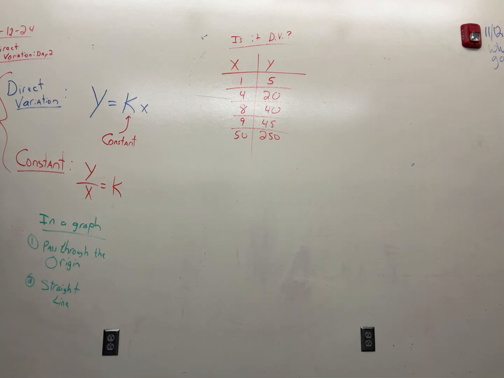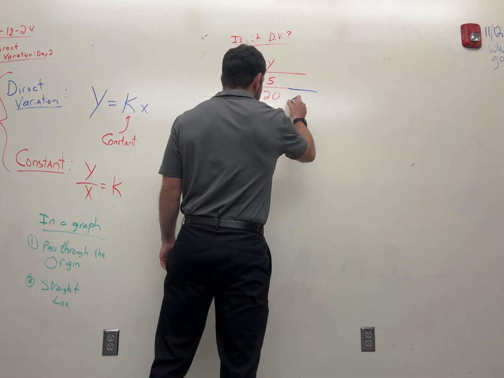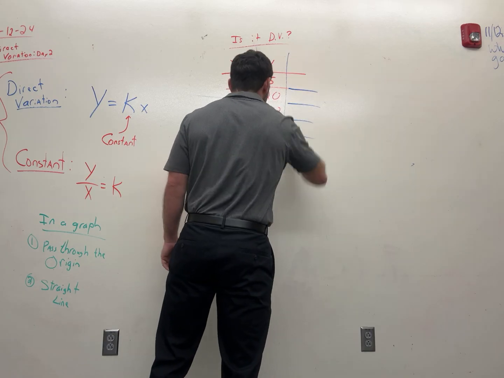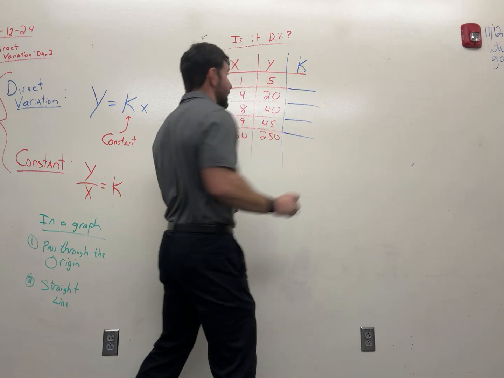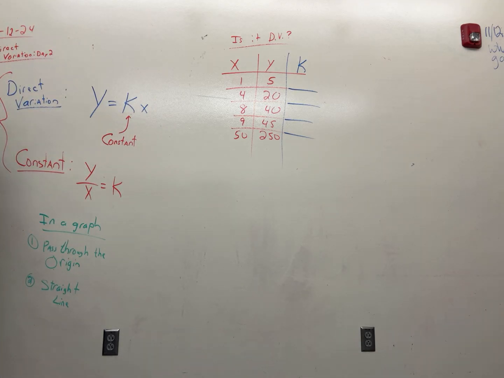You're going to get something like this, and it's going to say, is it direct variation? In order for it to be direct variation, there has to be a constant. So if you get a question like this, you're going to make a 3rd column that is called K. And you have to check each individual thing.